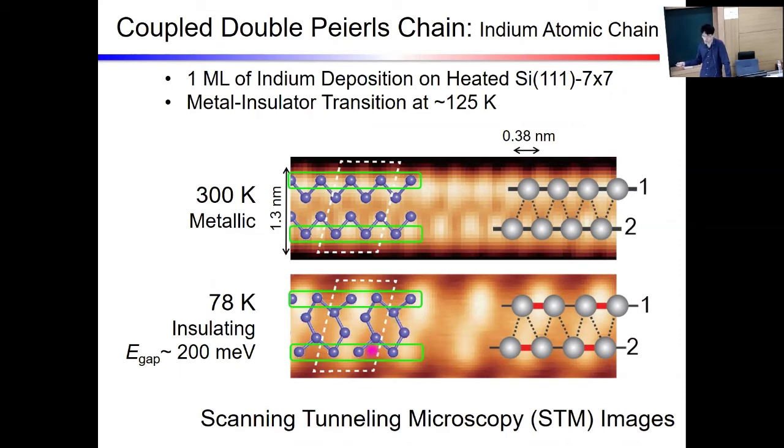But this is usually too complicated. I usually prefer using a simpler one. Each zigzag chain can be represented by one simple atomic chain, and this can also be dimerized, like here, by the Peierls instability. Then we have an interacting double chain system.